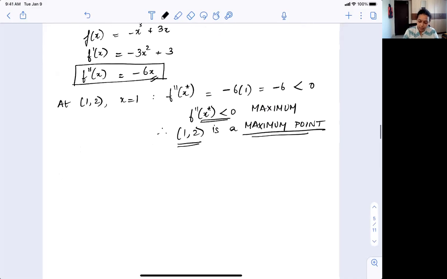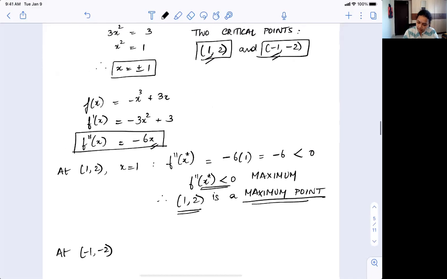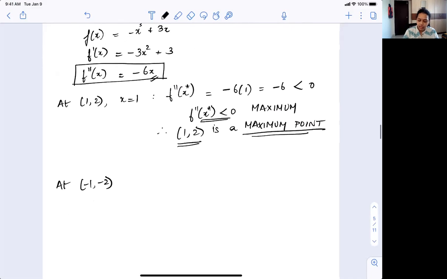What happens at minus 1, minus 2? That's our critical point here. At minus 1, minus 2, my x value is minus 1. If I want to evaluate my second derivative when x is equal to minus 1, I plug x equal to minus 1 into this expression. That will be minus 6 times minus 1, and that is going to be plus 6, which is greater than 0.